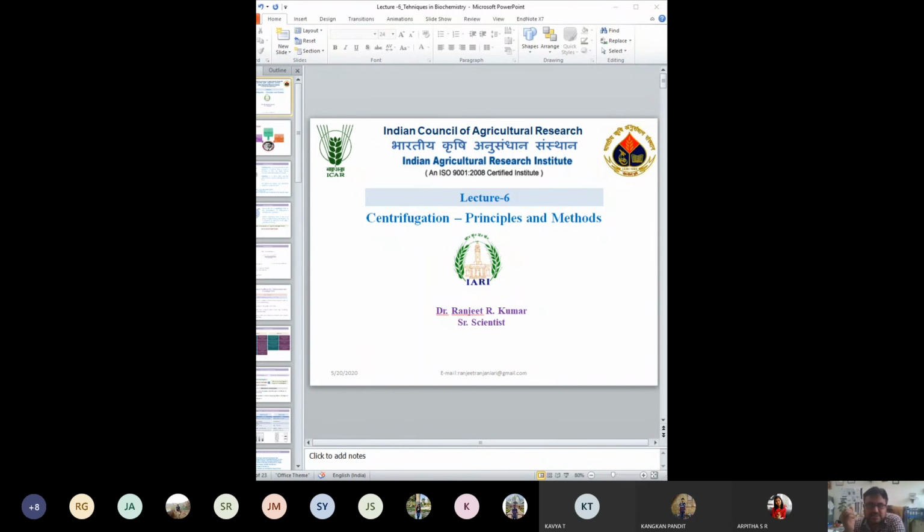In a subsequent slide, I'll tell you what this rate of sedimentation is. There is one term which we should know: centrifugation is directly correlated with the rate of sedimentation, and the settlement of any particle in the solution is directly correlated with the rate of sedimentation. That we'll see in subsequent slides.